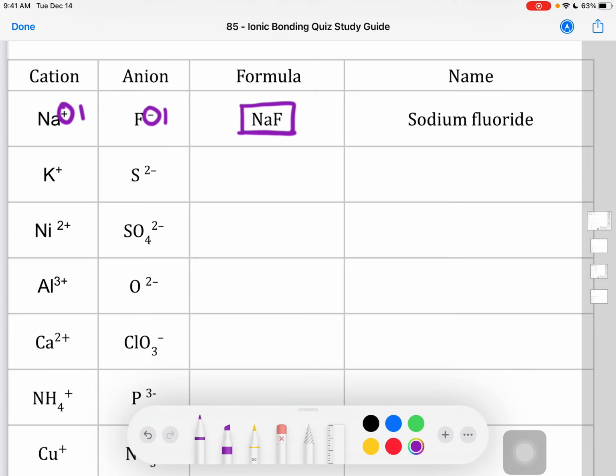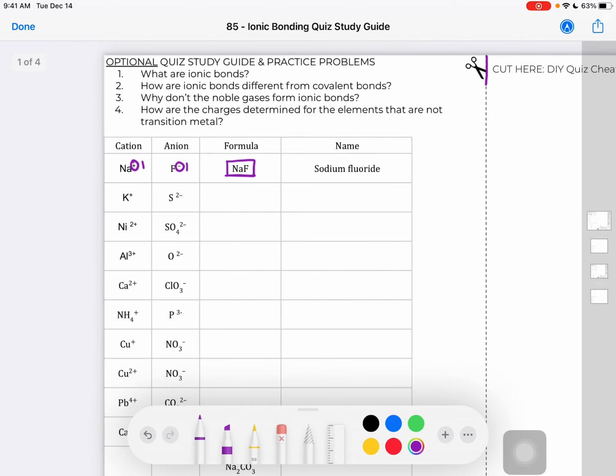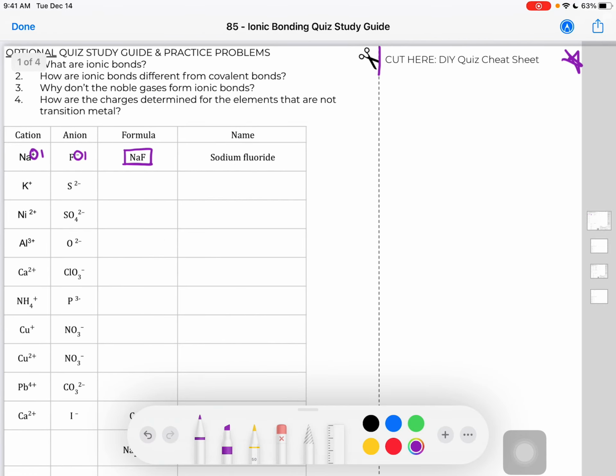Okay, so now we have potassium and sulfur 2-. I'm going to use this part, so it's K+ and S2-. Our goal is to make these two equal to each other. Currently, potassium is +1 and sulfur is 2-, and they're not equal. Currently, there is more negative charge here.